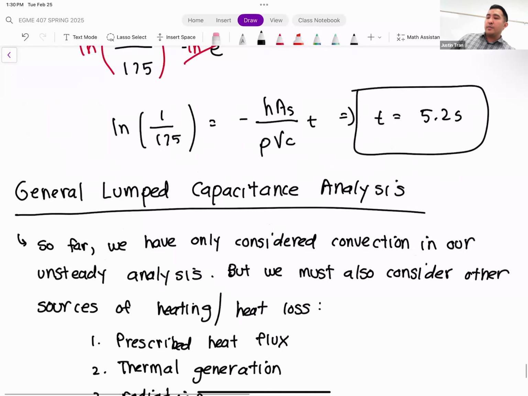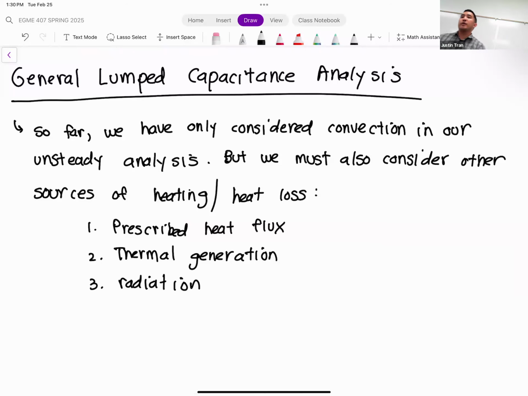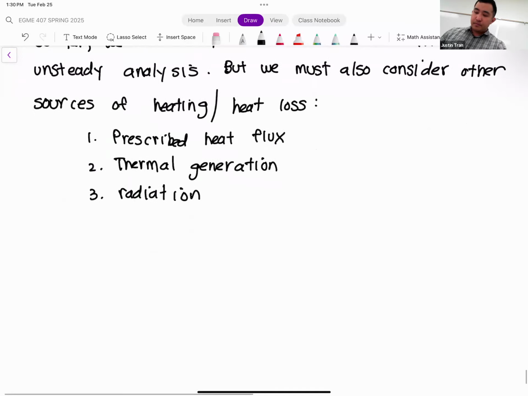Now, radiation we haven't talked about really at all in this class yet, but for radiation, we're just going to assume that it's just another form of heat flux. Radiation is going to apply heat to an object, and that's either going to heat it up or it could cool it down as well. Maybe our object is so hot that it's radiating heat outwards. But we have to consider all of these sources if we're going to do a more general, unsteady lump capacitance analysis.